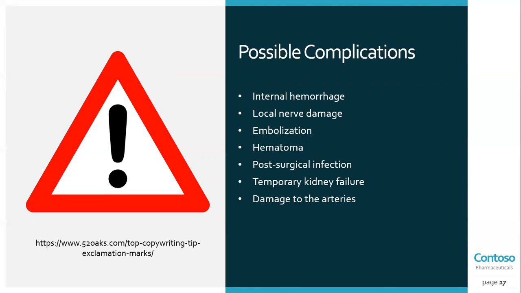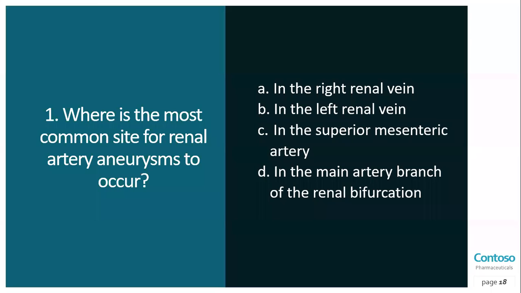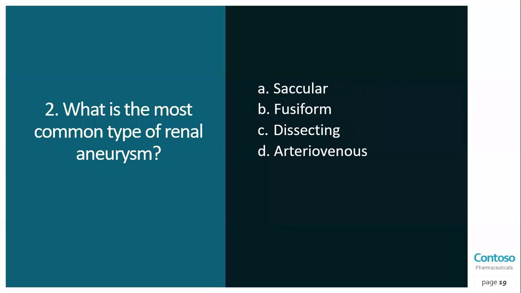So there was a lot of information, and there is a slight quiz right now. The first question reads as follows: where is the most common site for renal artery aneurysms to occur? Moving on, what is the most common type of renal aneurysm?